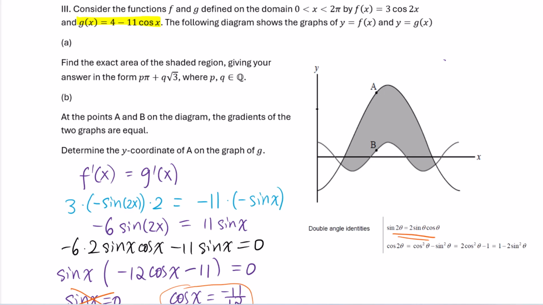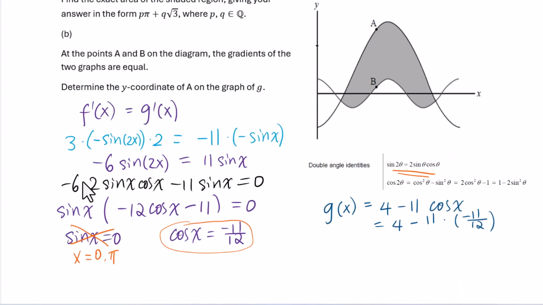For g of x equals 4 minus 11 cosine x, we get 4 minus 11 times negative 11 over 12.